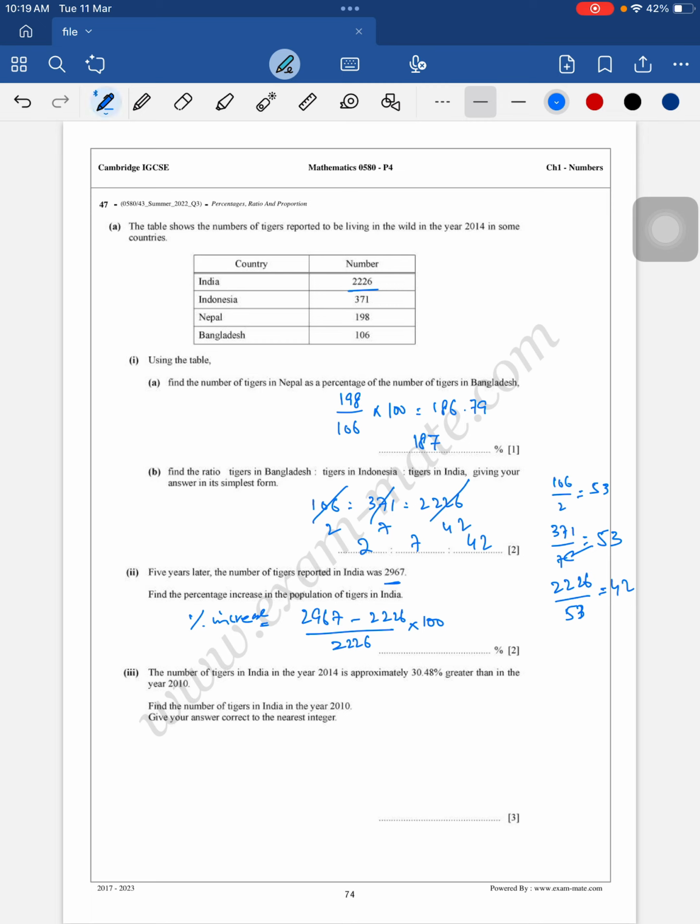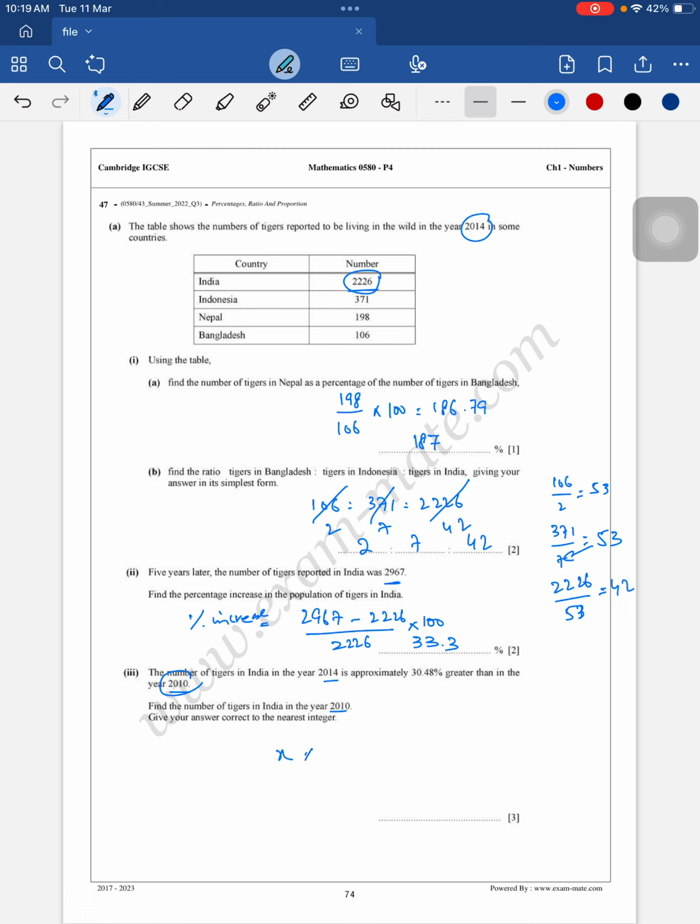Clear? Which can be treated as 33.3. The number of tigers in India in the year 2014 is approximately 30.48% greater than in the year 2010. Okay, the data is for 2014, and in India, the number of tigers in 2014 is approximately 30.48% greater than in the year 2010. Find the number of tigers in India in the year 2010.